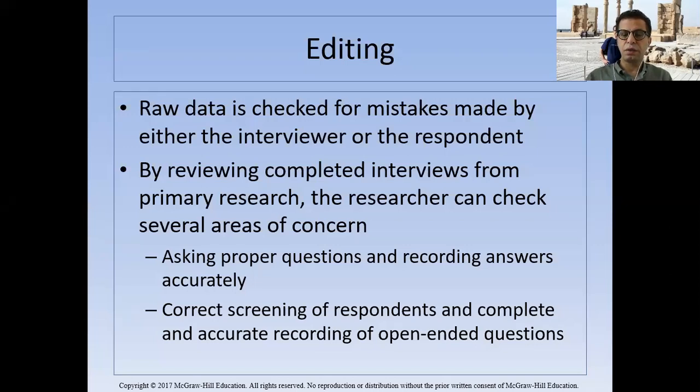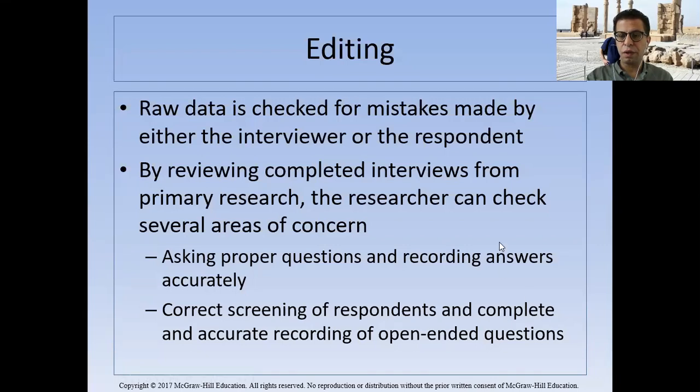Sometimes in questionnaires some parts of the questions will give you feedback on another, or you change the locations of the answers, and you will find out whether there is an error in entering. By reviewing completed interviews from the primary research, the researcher can check several areas.